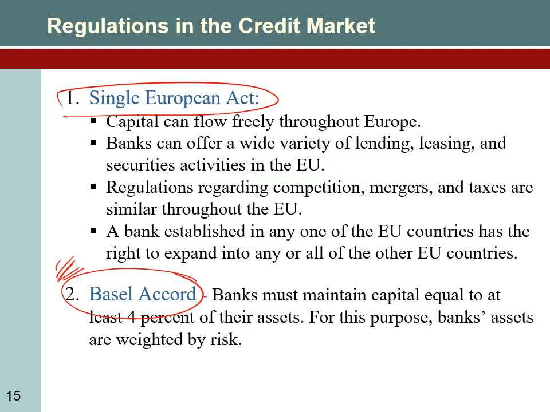So the Single European Act means that capital can flow freely throughout Europe. There are no capital restrictions. Banks can offer a wide variety of lending, leasing and security activities in the European Union.